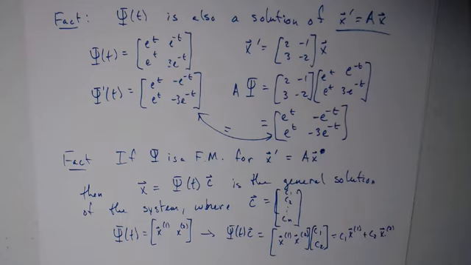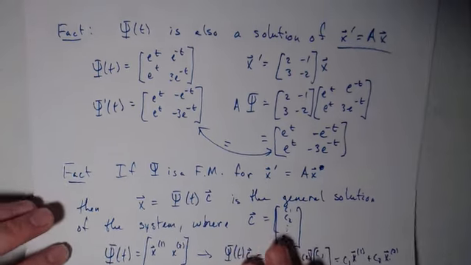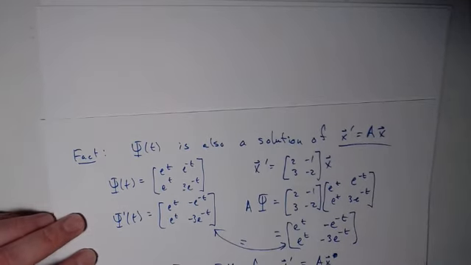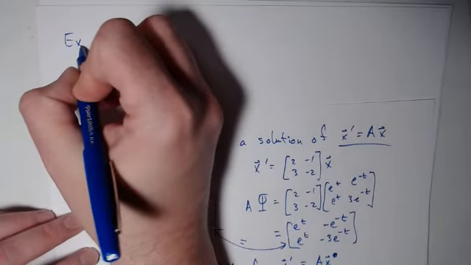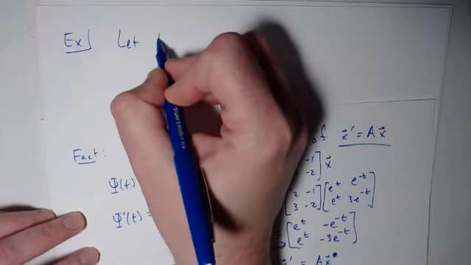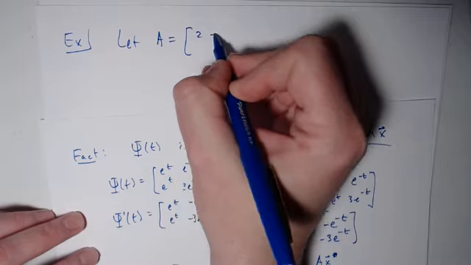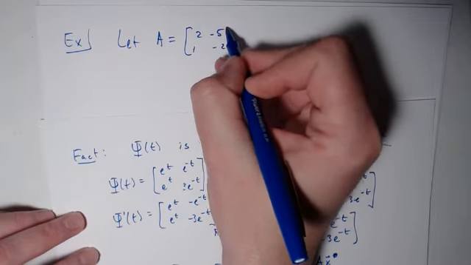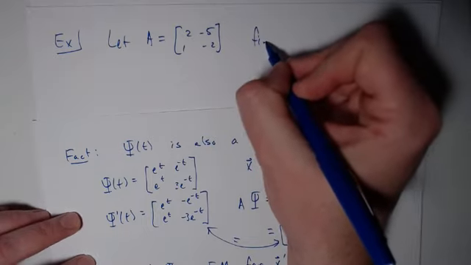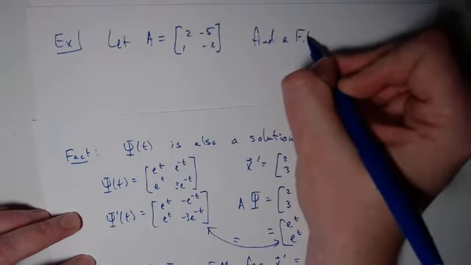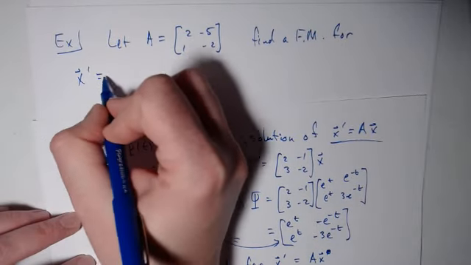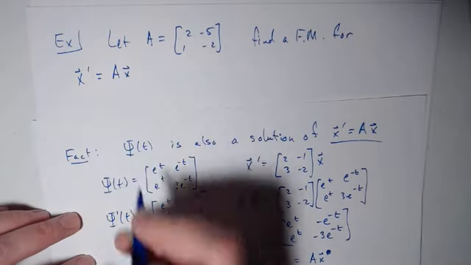All right. Let's go ahead and find a couple of fundamental matrices. So let A equal 2, negative 5, 1, negative 2. We're going to find a fundamental matrix for x prime equals Ax.